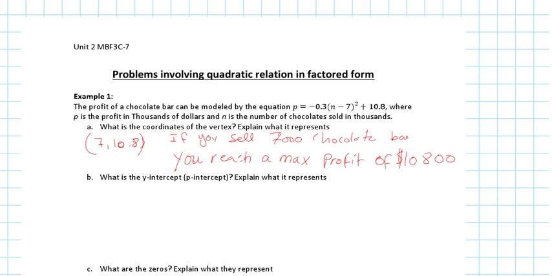Now in this case it's the p-intercept. Remember, in this case I have y and x, so P is replacing y and n is replacing x. So what is the p-intercept? Is it 10.8?